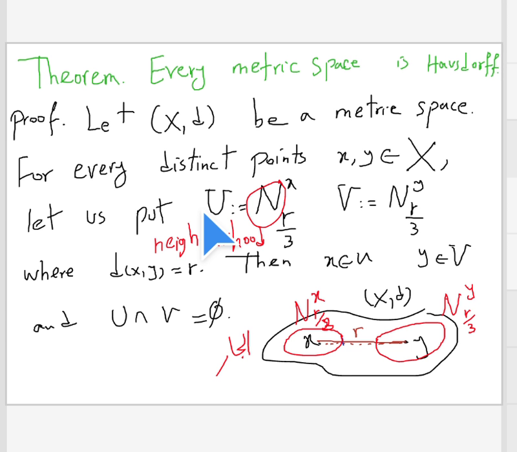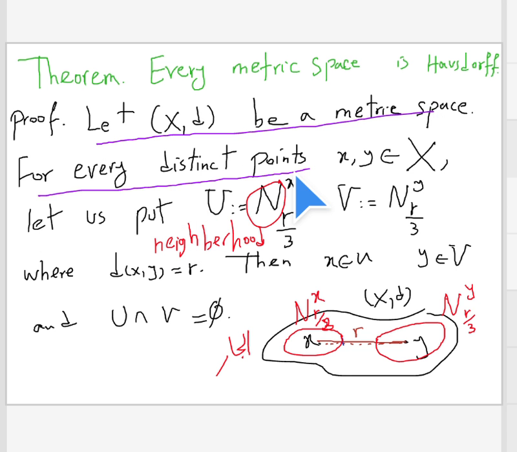Theorem: every metric space is Hausdorff. Proof: let (X, d) be a metric space.